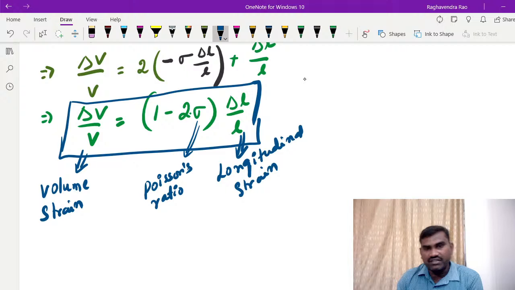In the previous examination, they gave a question based on this direct relation. Poisson's ratio was given and volume strain was also given, and they asked about longitudinal strain. So by simply substituting the values, you can calculate the value of longitudinal strain.